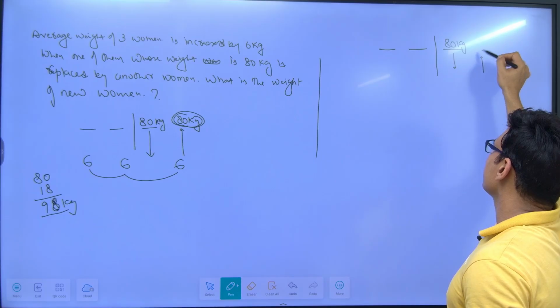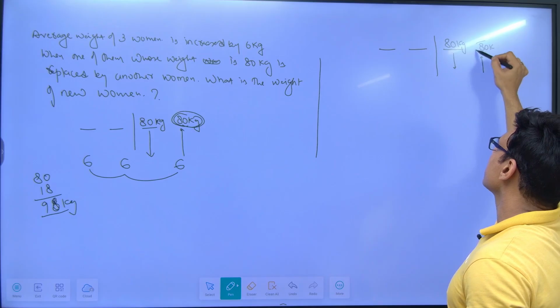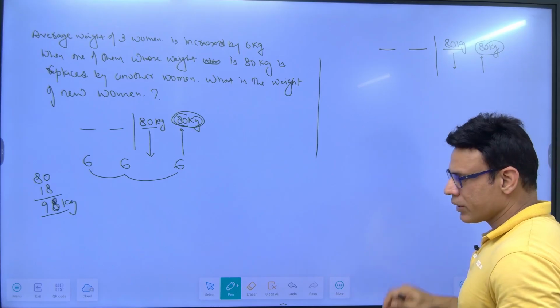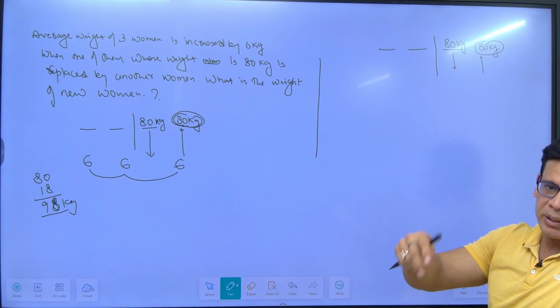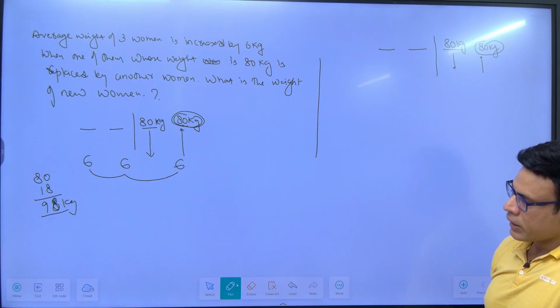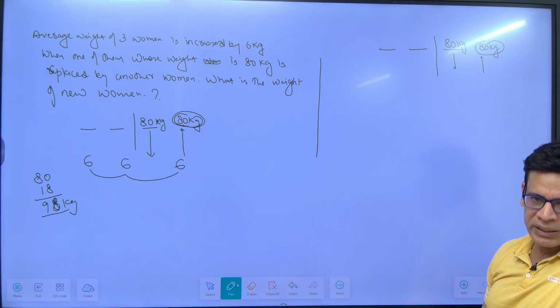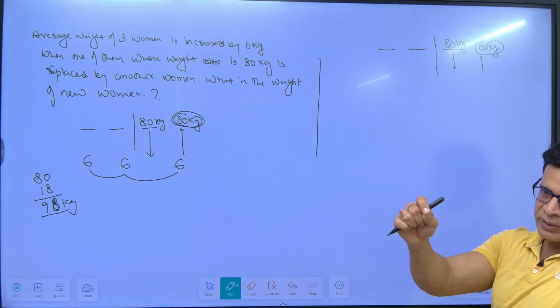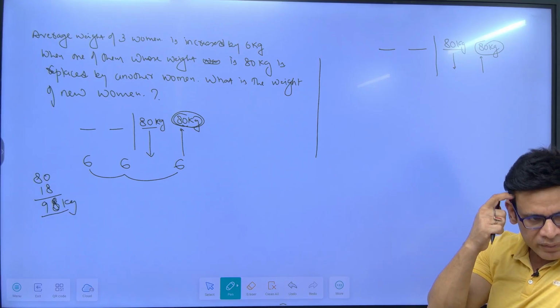So if the lady is also coming with 80 kg of weight, will the average change? No. If whatever is going out, same thing is coming in, the average will not change. The question says that average increases by what? When I say average increases by 6 kg, that means each person's weight is increased by what? 6 kg. How many people are there?